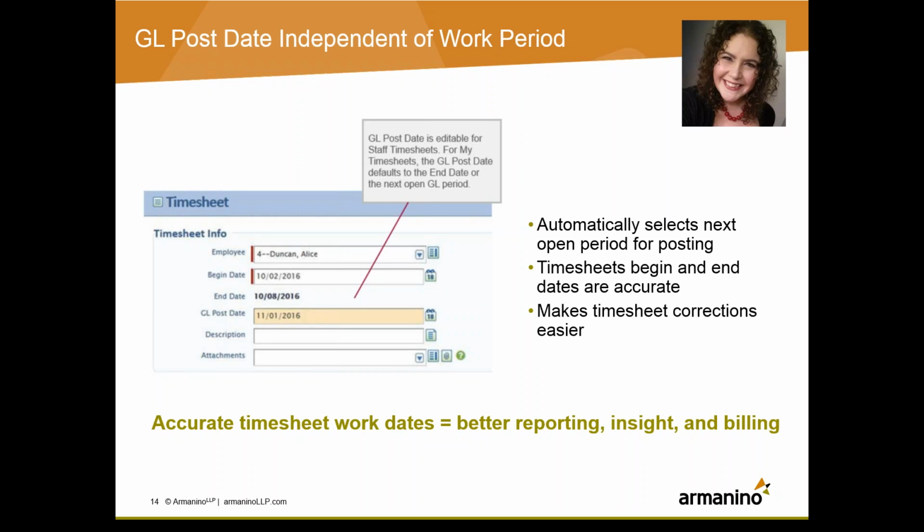So if you've closed your books on the 5th and the period ends on the 8th, you want it to be billed into the next period. What this will result in is timesheet begin and end dates being much more accurate, and it also makes it easier to make corrections to timesheets that may have spanned a period.